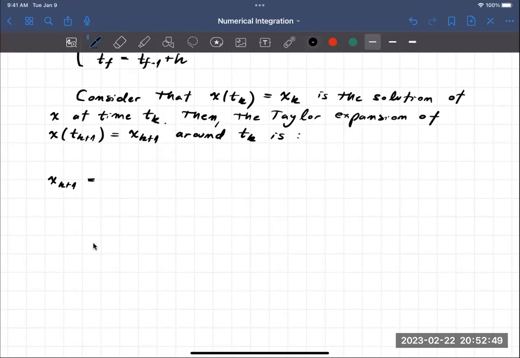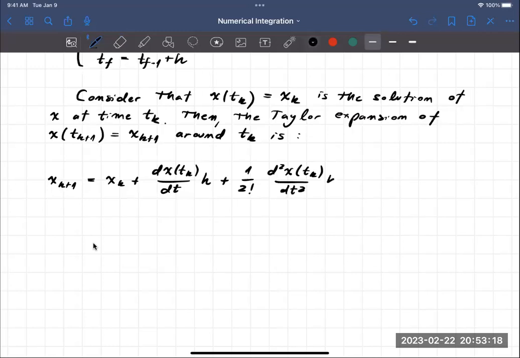It's going to be x of k plus the first derivative evaluated at tk times h, the time step, plus 1 over 2 factorial, the second derivative of x evaluated at that time tk, times h squared, plus higher order terms than h squared.